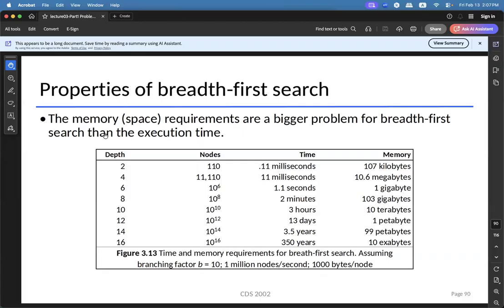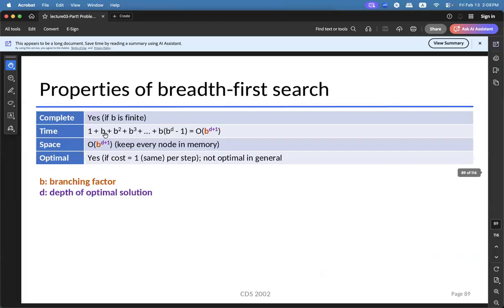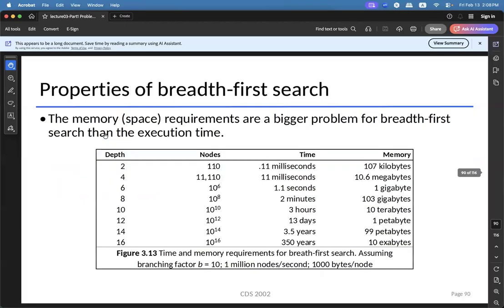So this table is actually verifying our findings here. The space complexity of the breadth first search is exponential. That means the time and the space needed to execute a breadth first search will be extremely large.